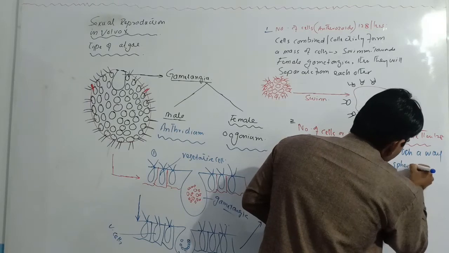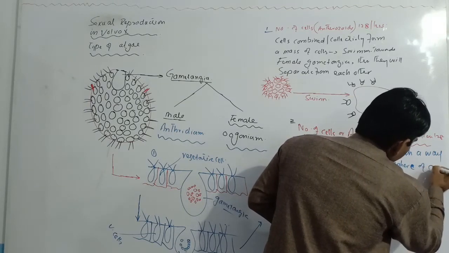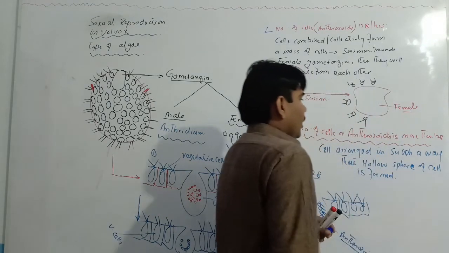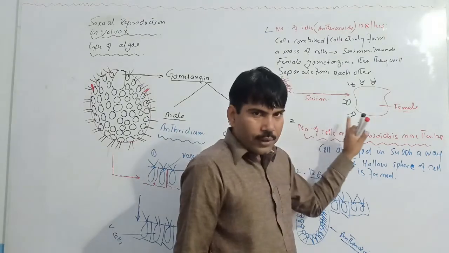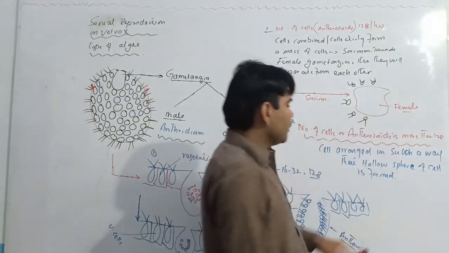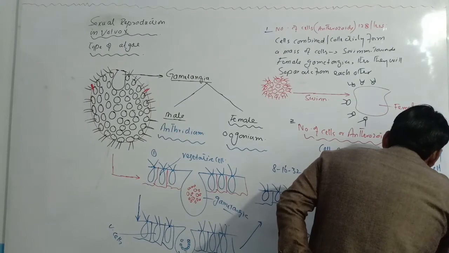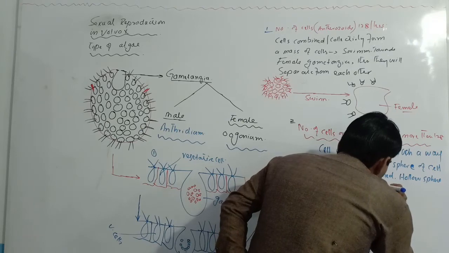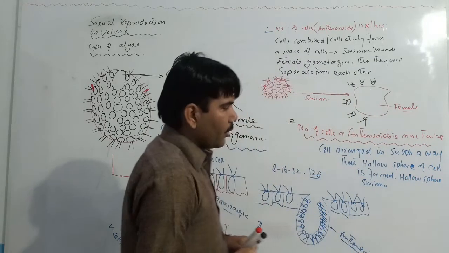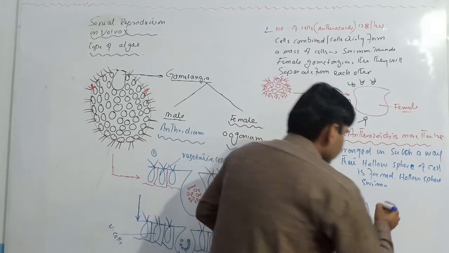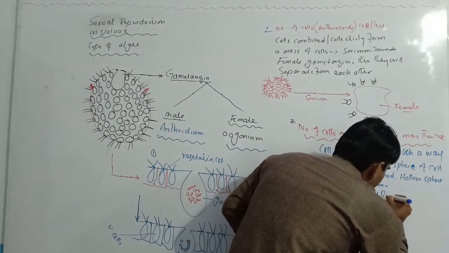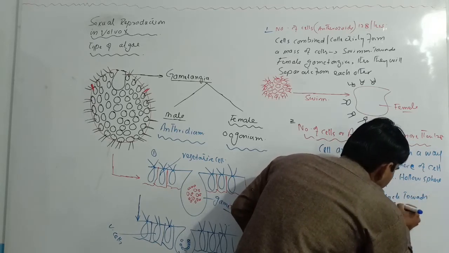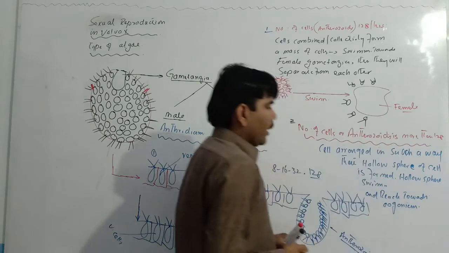The hollow sphere will swim and reach towards the oogonium, and then separate.